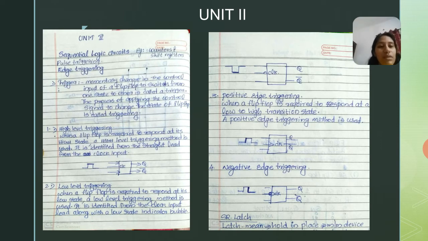So the positive edge is the low to high transition of a clock pulse, which is shaded in the figure. If you are giving this portion as the clock input for a flip-flop and its state is changed, you can say it is positive edge triggering.